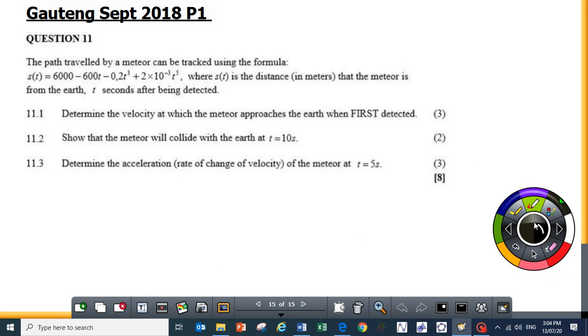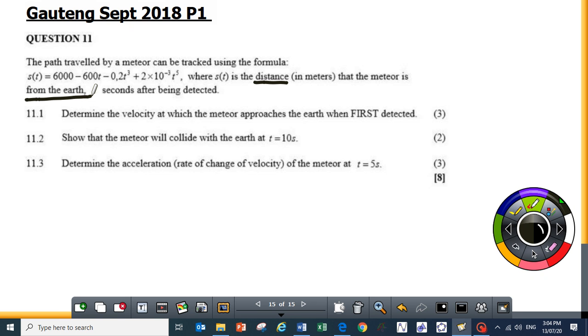We are dealing with the distance of a meteor from the Earth. As the meteor approaches the Earth, the distance between the Earth and the meteor decreases. At the point of contact, when the meteor impacts on the Earth, s(t) becomes 0.